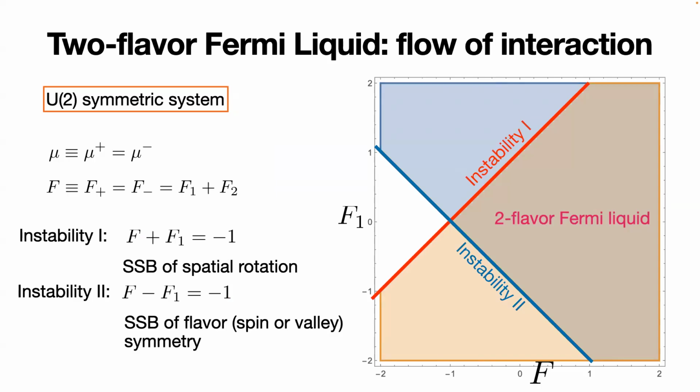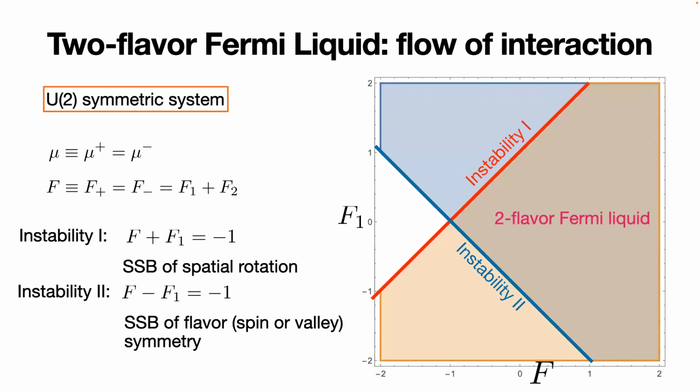One is driven by this F1. As F1 describes the overall effect of the two flavors, this instability is somehow the density instability. It causes the spontaneous symmetry breaking of the spatial rotation. Basically, the two Fermi surfaces are going to deform in the same way and cause this instability.